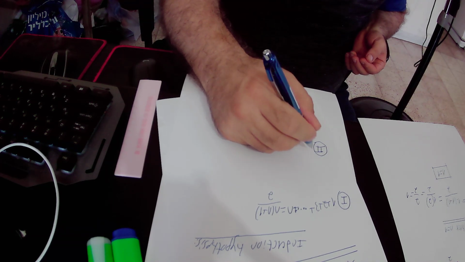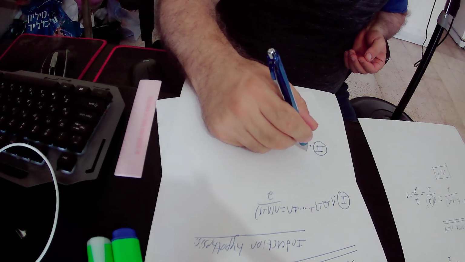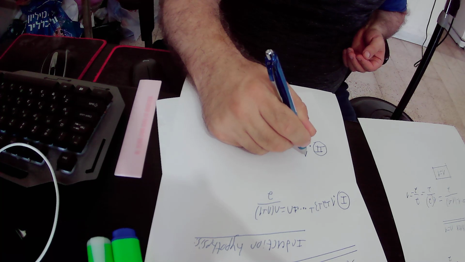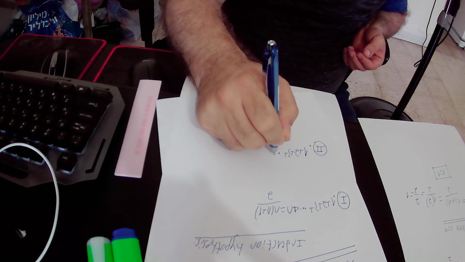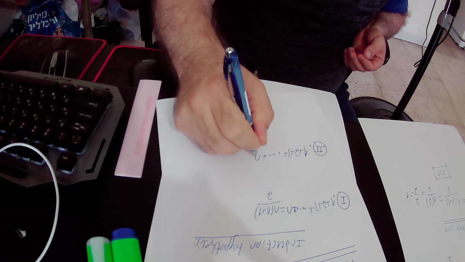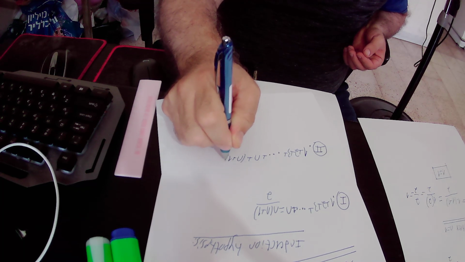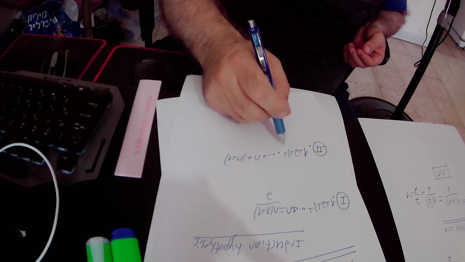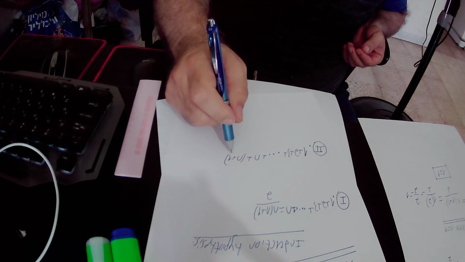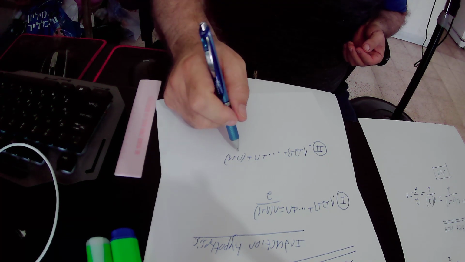So we'll create the expression of the statement for n plus 1. Instead of n, now the expression is for n plus 1. So it will be 1 plus 2 plus 3 plus ... plus n plus n plus 1, because the second equation is the expression for n plus 1. So we will add numbers here until we arrive at n plus 1, and it also includes n plus 1.